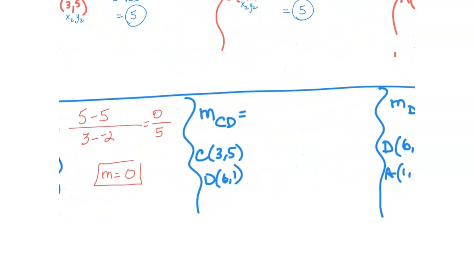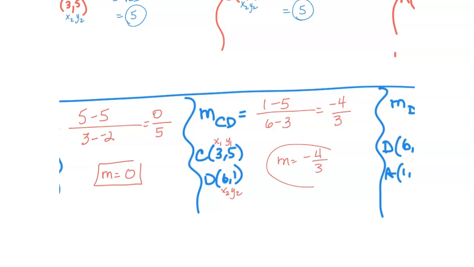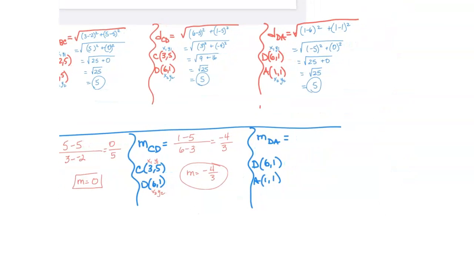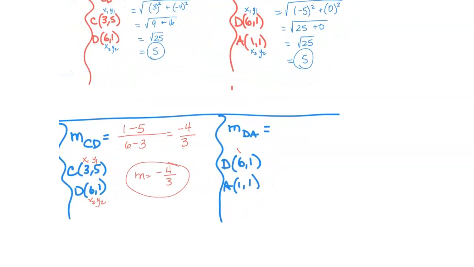For CD, again labeling x1, y1, x2, y2. And we have 1 minus 5 over 6 minus 3. So that's negative 4 over 3. So once again, our slope is negative 4 thirds. And lastly, the slope of DA, we have our x1, y1, x2, y2.